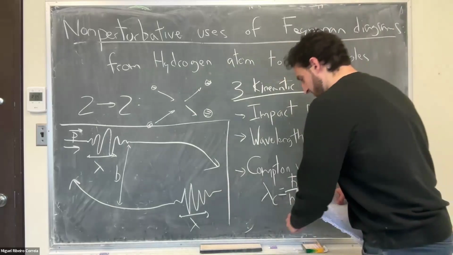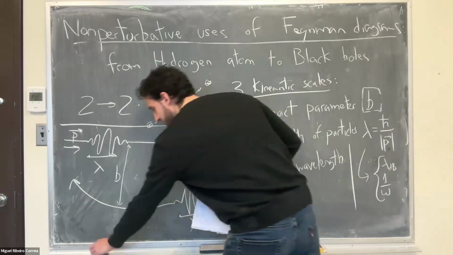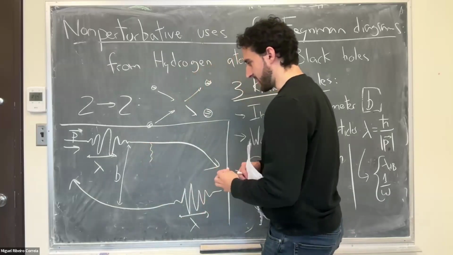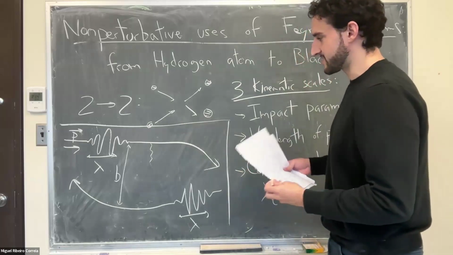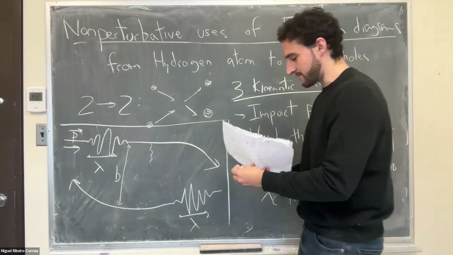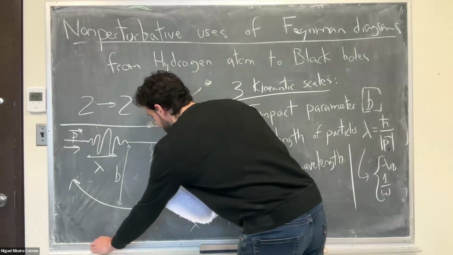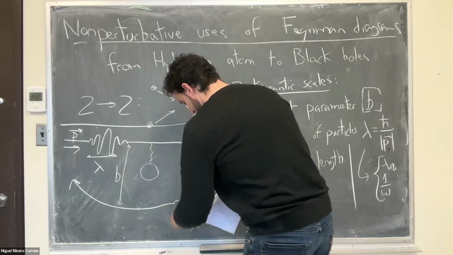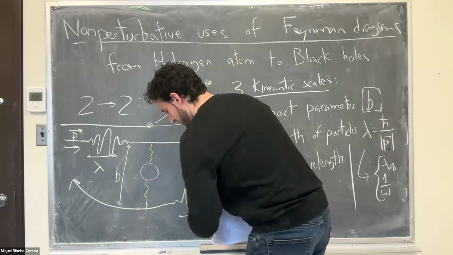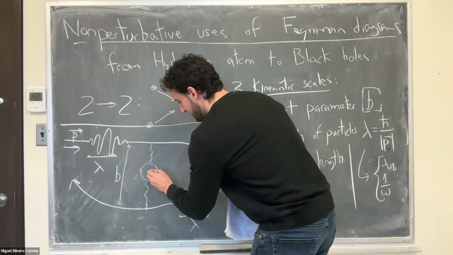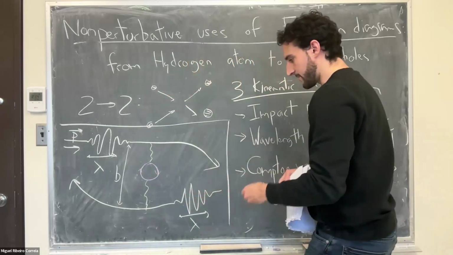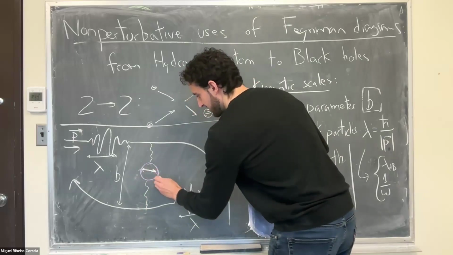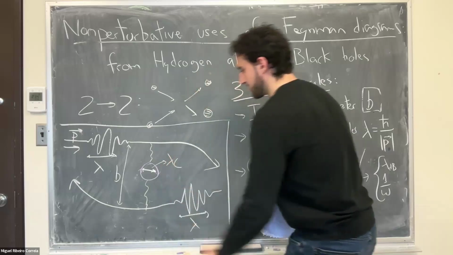Let's say they interact. They exchange, for example, a virtual photon. But then I can have loops, like exchange of virtual particles which are massive. These virtual particles I can consider in some kind of loop diagram, for example an electron-positron pair, and these virtual particles have a Compton wavelength of their own.